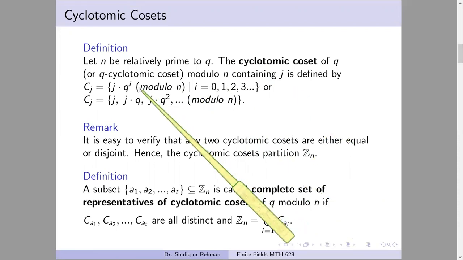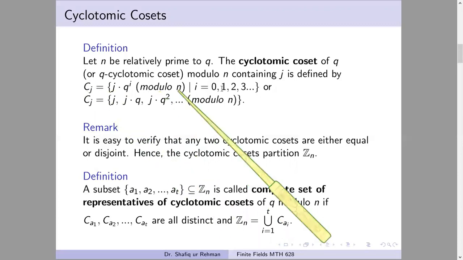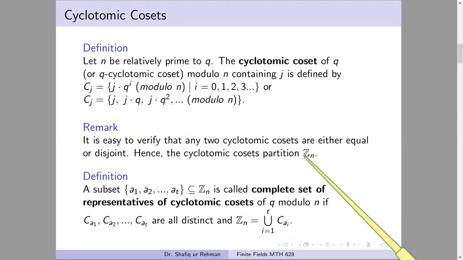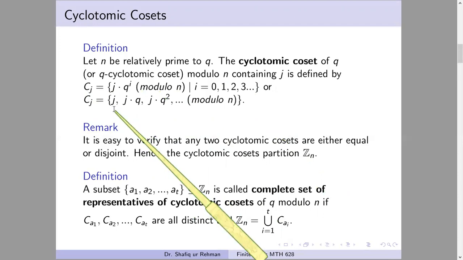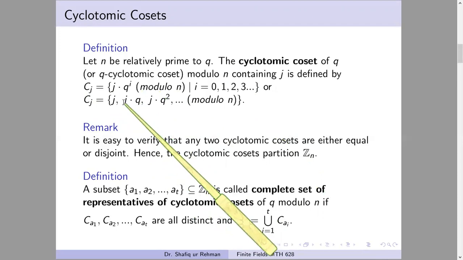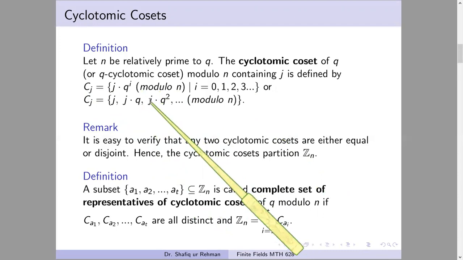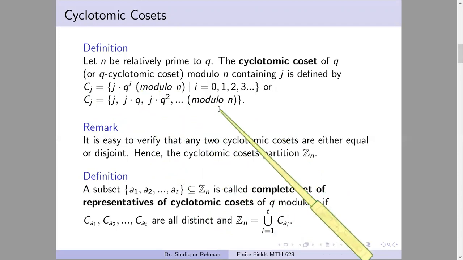And by doing this under modulo n, we observe that this will be in fact a subset of the set Zn. We can see that the elements of Cj consist of j, then j multiplied by q, then again we multiply this number by q, and we get jq square, and so on.